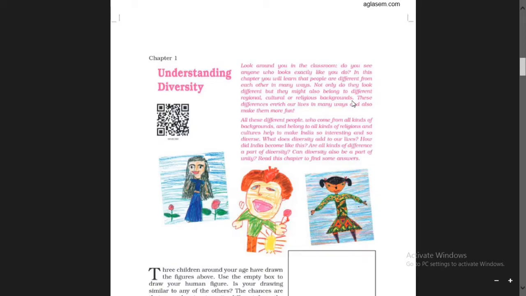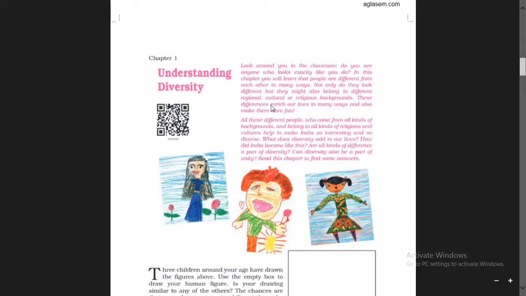You will find children who not only differ in appearance, but might also belong to different regional, cultural, or religious backgrounds.